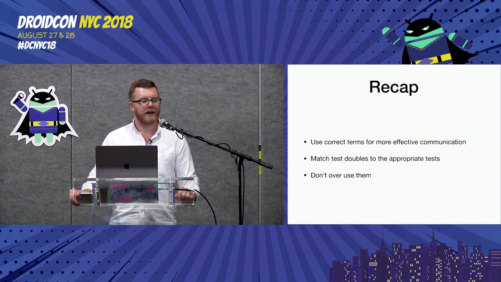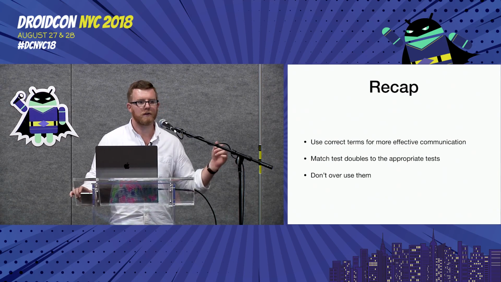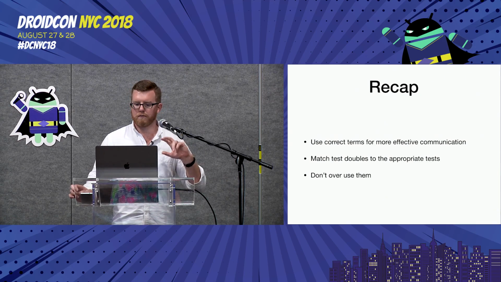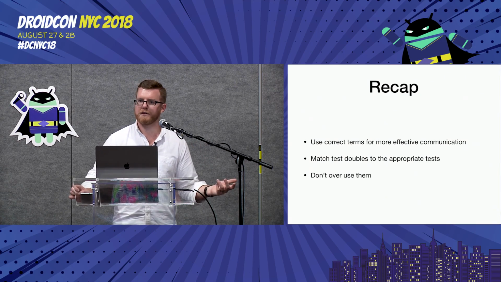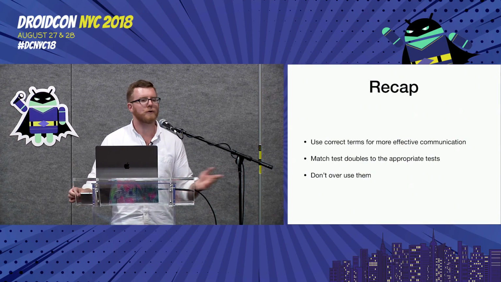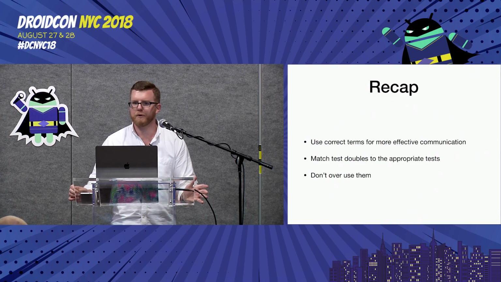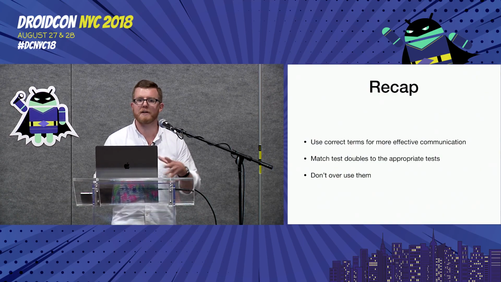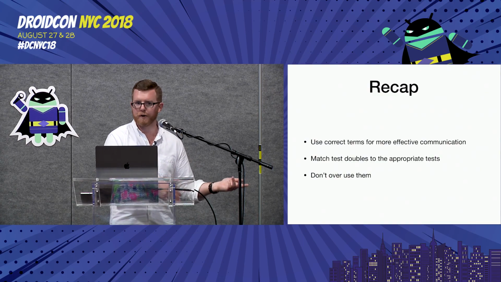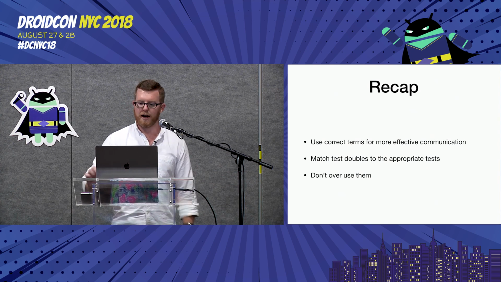All right, quick recap. So we've seen a lot of the terms used for test doubles. Now, you can continue to use the terms as things like Mockito and so forth do. Most people will probably understand what you're saying, but I have had a few communications here and there where using a more correct term for a test double would have made it clear what the test is actually doing.